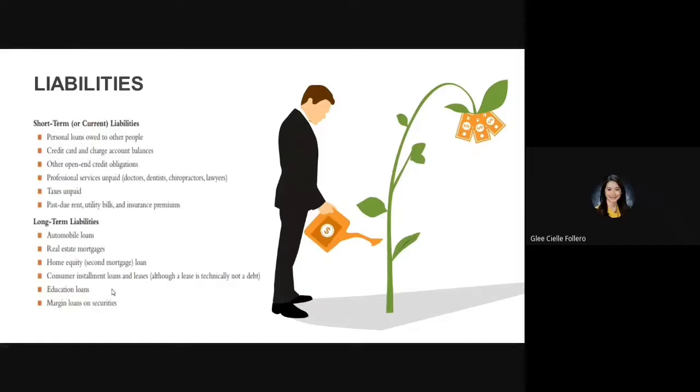So, yung mga personal loans owed to other people, credit card, professional services, unpaid. Kung meron kang mga unpaid services sa doctors mo, sa dentist mo, okay? Sa lawyers, yung mga past due rent, utility bills, and insurance premiums, kasama din dito.